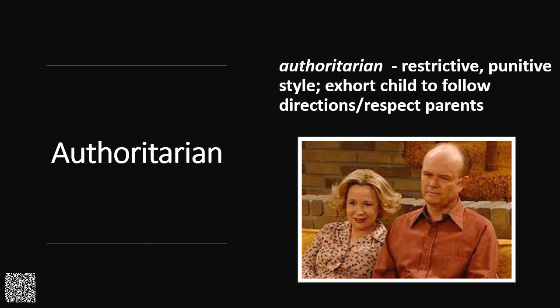Authoritarian parents might also punish the child frequently, enforce rules rigidly but not explain them, and show anger towards the child. Children of authoritarian parents are often unhappy, fearful, and anxious about comparing themselves to others. They also tend to fail to initiate activity and have weak communication skills as they get older.